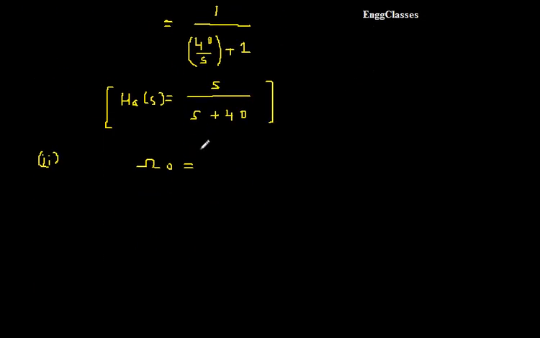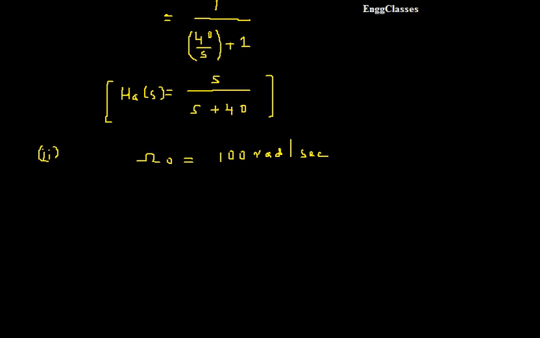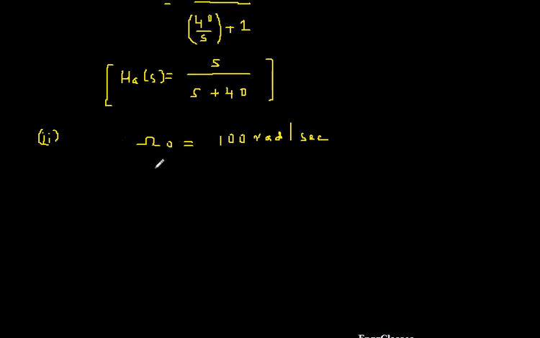I'll denote that as omega naught equal to 100 radians per second, and a bandwidth is also been given which is 20 radians per second. So let me write the bandwidth B is equal to 20 radians per second. So these are the specifications that are being given.